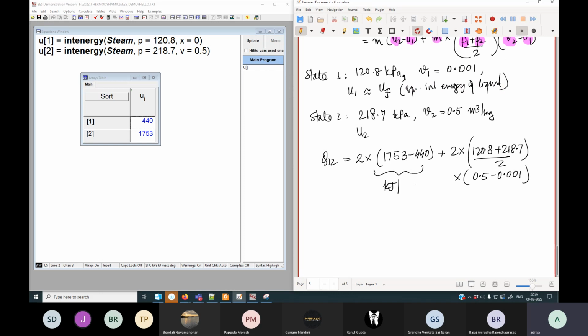This is kilojoule per kg times kg, and this is kilopascal times meter cube per kg. Because of the kilopascal, the kilojoule matches. Otherwise, you have to take care about the units. So what do we get? 2795.4 kilojoule.